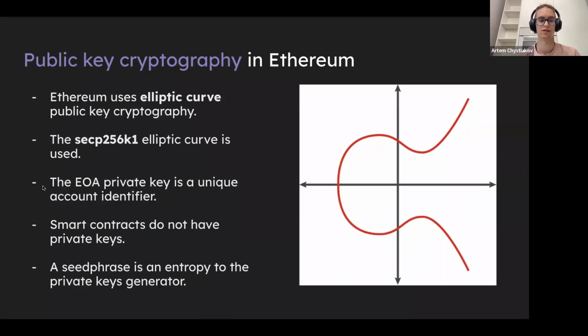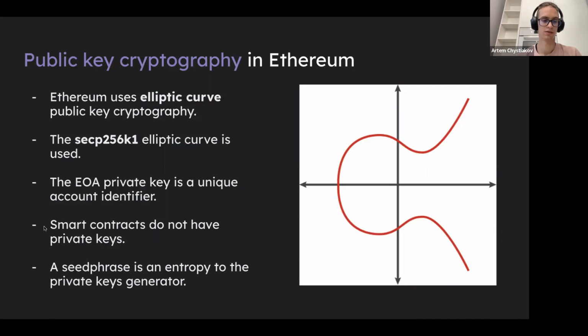And because this private key is only known to the user, you can be sure that no one else is sending the transaction other than this user. And that is how Ethereum identifies who sends the transaction and from whom to subtract the funds.